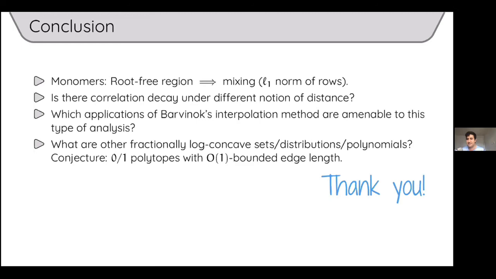That's the main difference. So basically, the Glauber dynamics on monomers always mixes in all graphs, regardless of the unary weight property. But the point is you can't run the Glauber dynamics on monomers in general graphs. You can only run it when you can count perfect matchings.